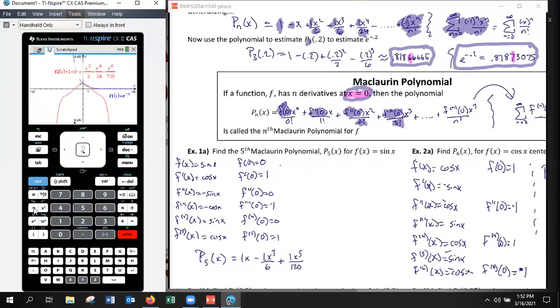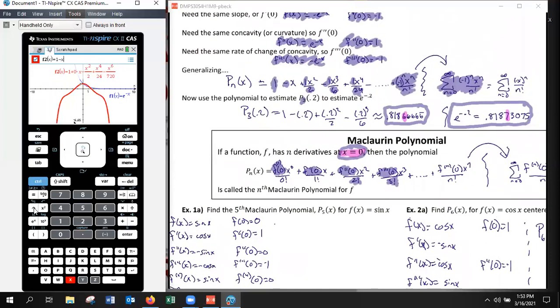That would be that function, and then the Maclaurin polynomial that I created was 1 minus x plus x squared divided by 2, and then minus x to the third divided by 3. And I want one more, so plus x to the fourth divided by 4.